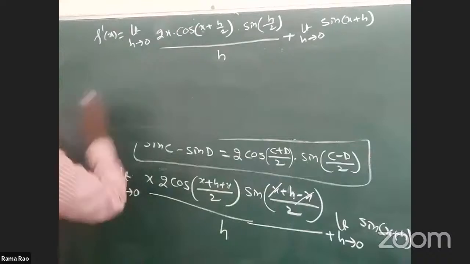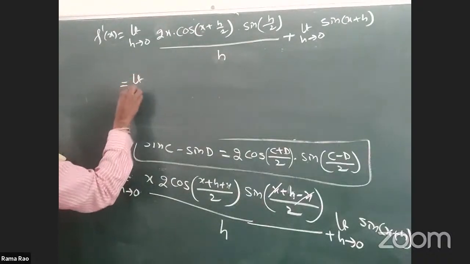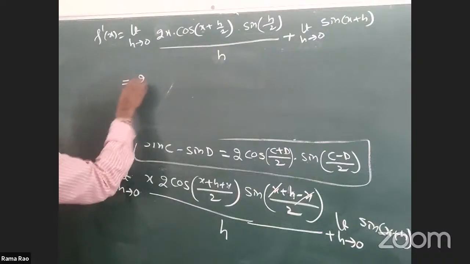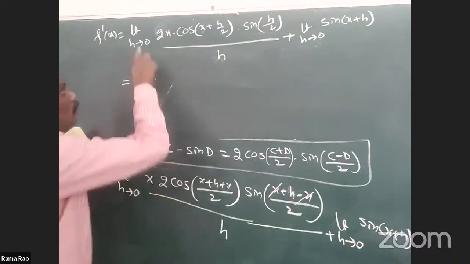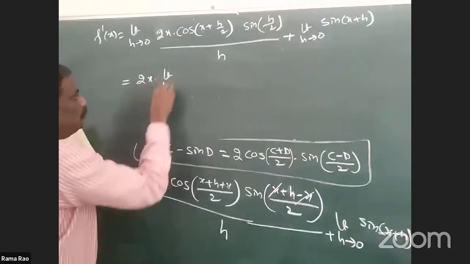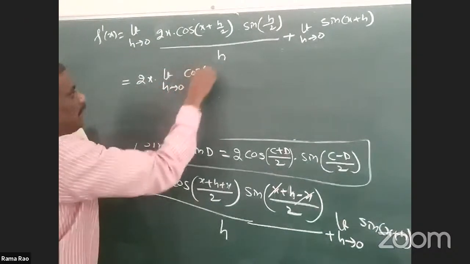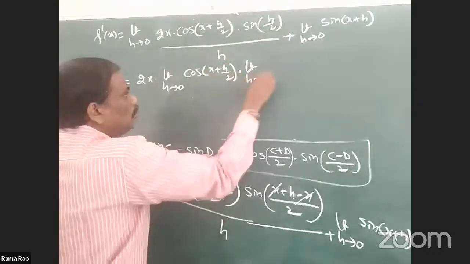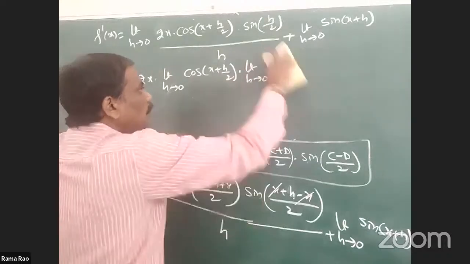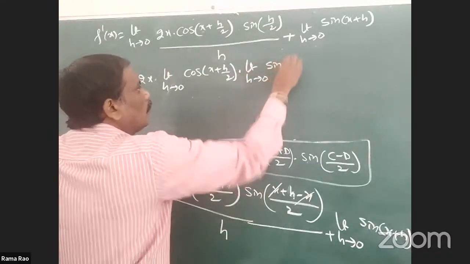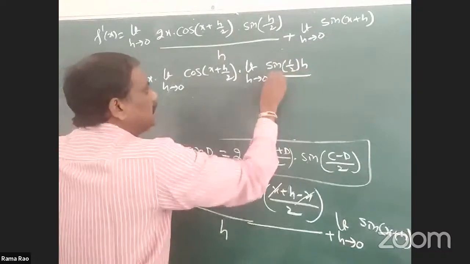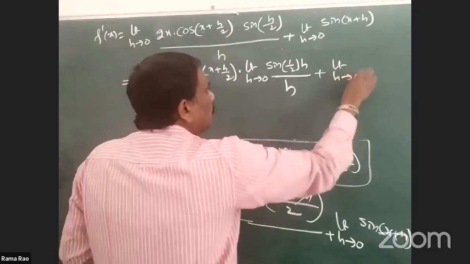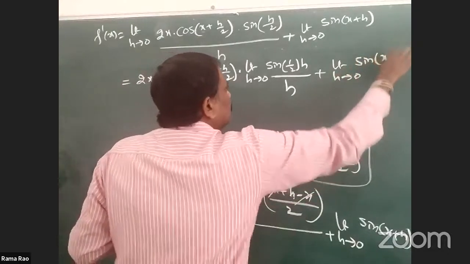Now you can write limit h tends to 0 cos of x plus h by 2 into limit h tends to 0 of sin of h by 2 over h by 2, times 1 by 2, plus limit h tends to 0 sin of x plus h. Now I am clear.